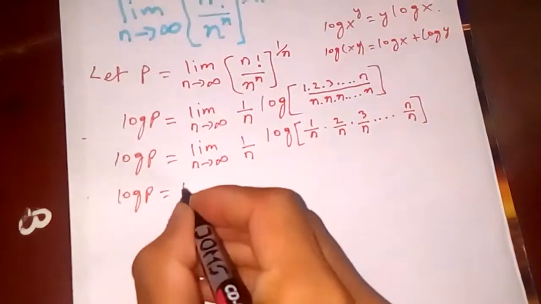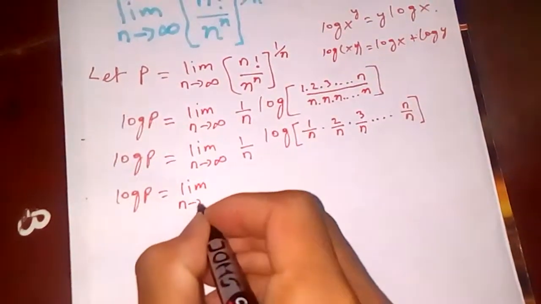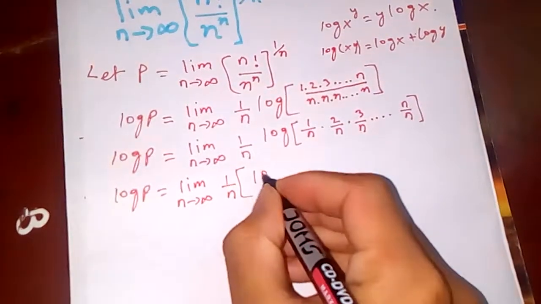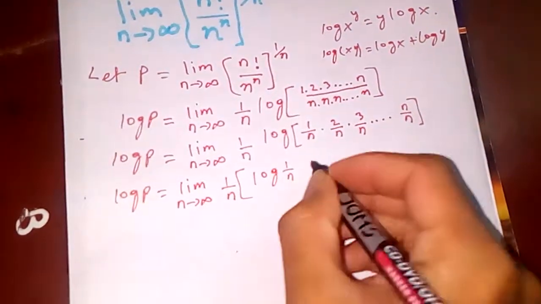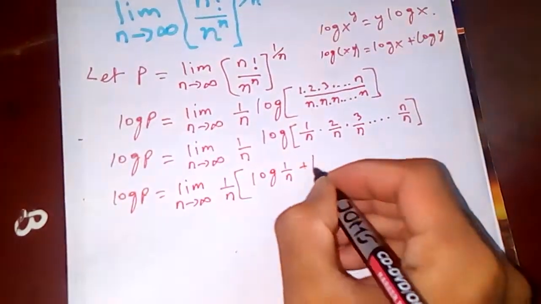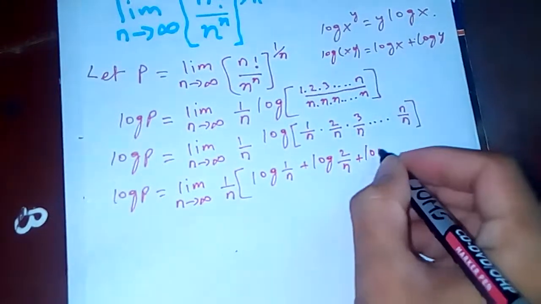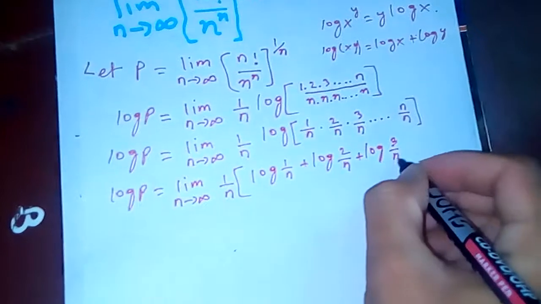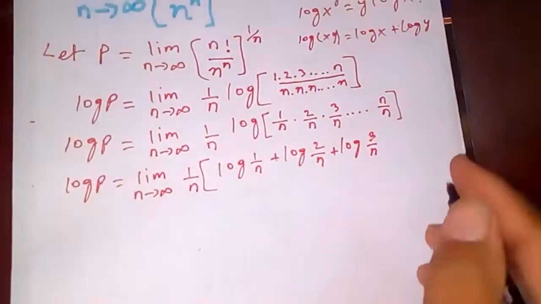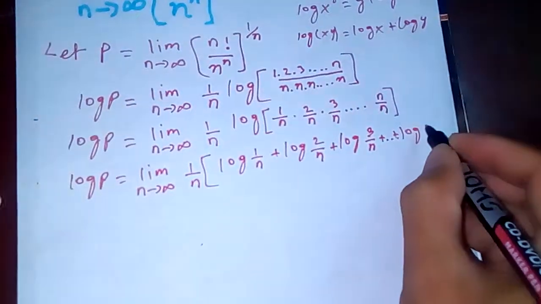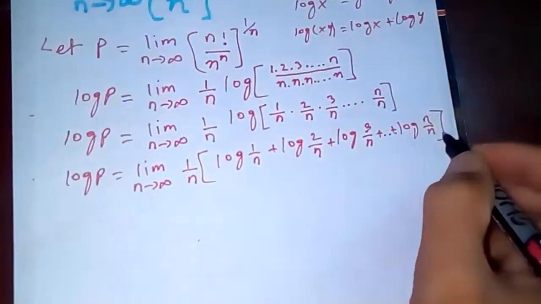So log p is equal to limit n tends to infinity 1 over n, log of 1 by n plus log of 2 by n plus log of 3 by n plus, and so on up to log of n by n.